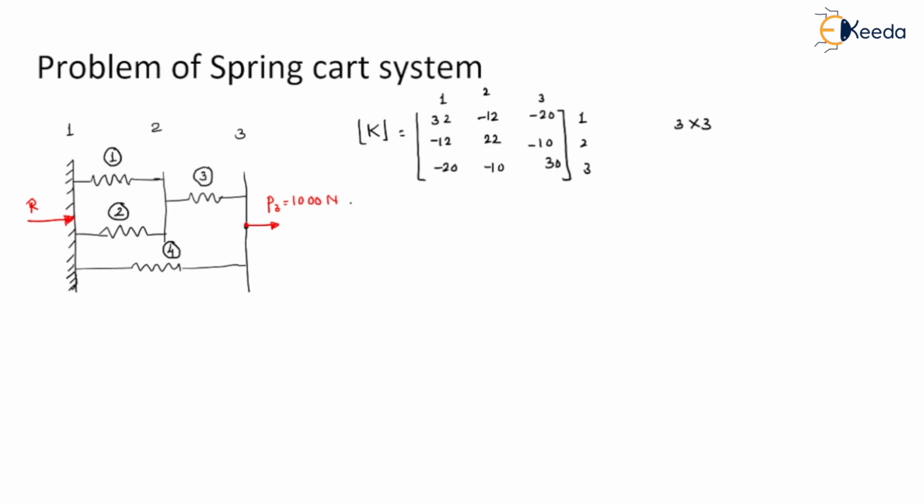Now for the force vector, at the node number 1 there is a reaction force R. So it is denoted by R. At the node number 2 there is no force, so 0, and at the node number 3 we have P3, that is 1000 Newton.